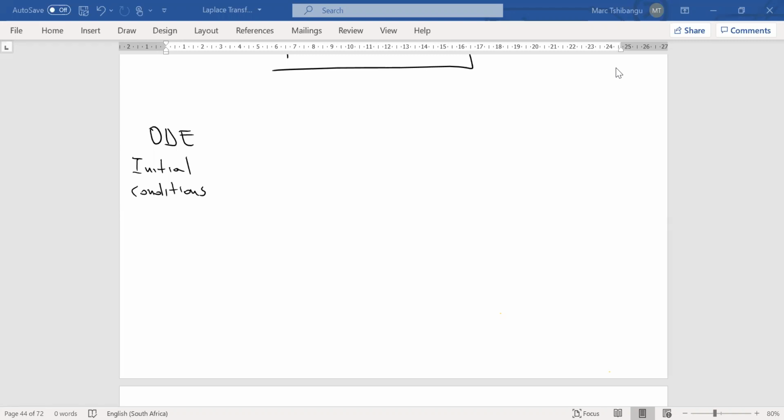So we go from the time domain to the s domain, or Laplace domain.